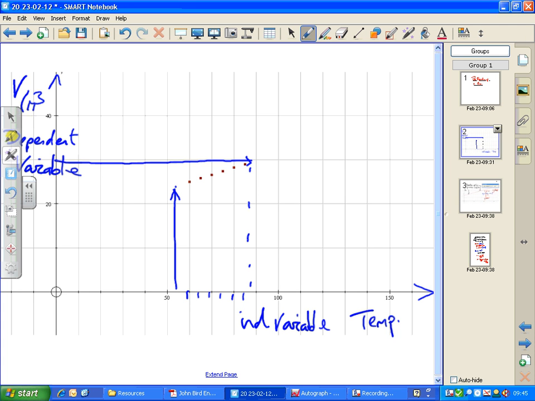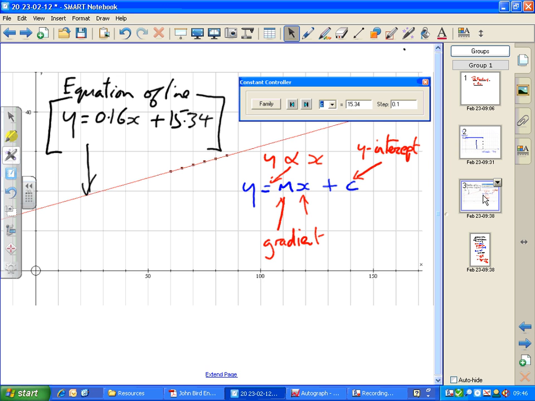So what we're doing is making a big assumption. We're making the assumption that if the volume is proportional to the temperature within this range between 55 and 65, that means you get a straight line, it's going to carry on doing that. So if I draw a line on here, which is effectively what we've done, what I'm doing is assuming that this relationship is going to carry on like this.